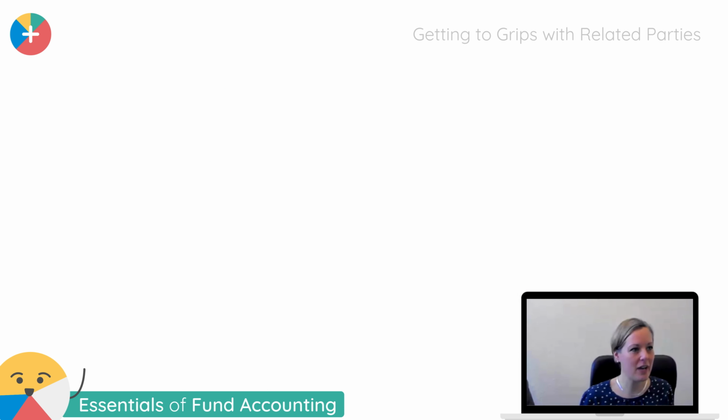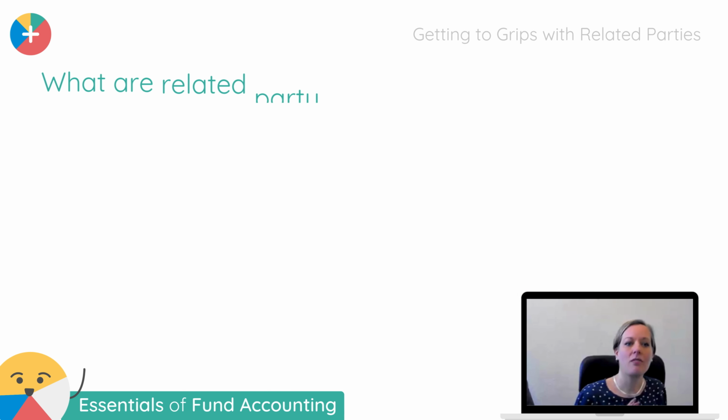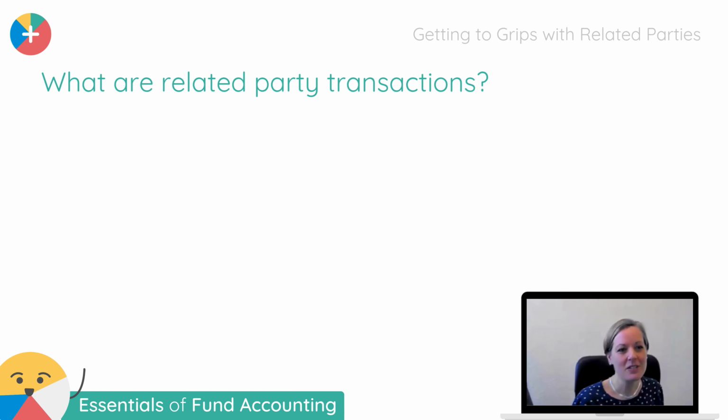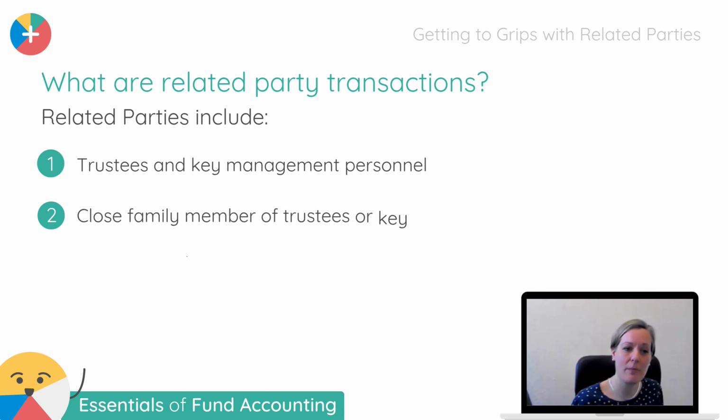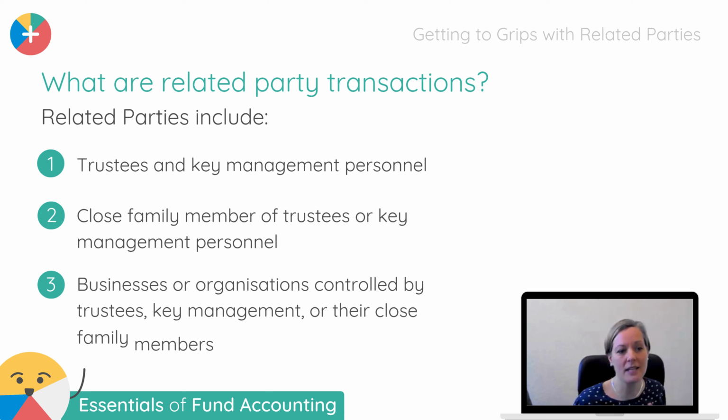We're just going to cover what related party transactions are. We have looked at the definition, but to break that down a little bit more, trustees and key management personnel are included in related parties. Also close family members of trustees or key management personnel. Also any other businesses or organisations that are controlled by the trustees or key management personnel, or their close family members.